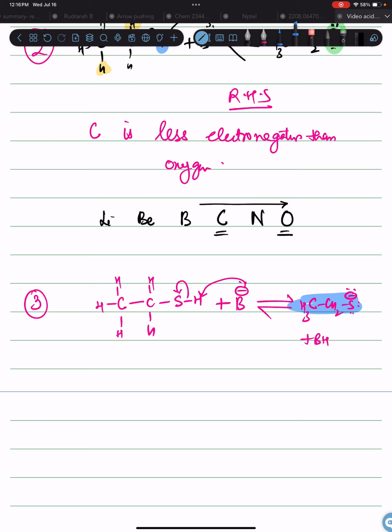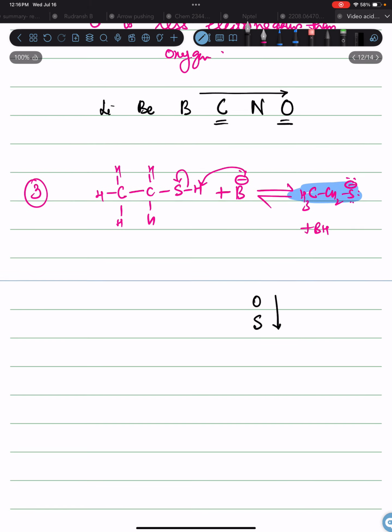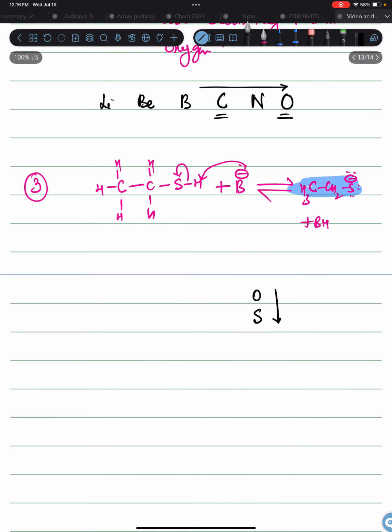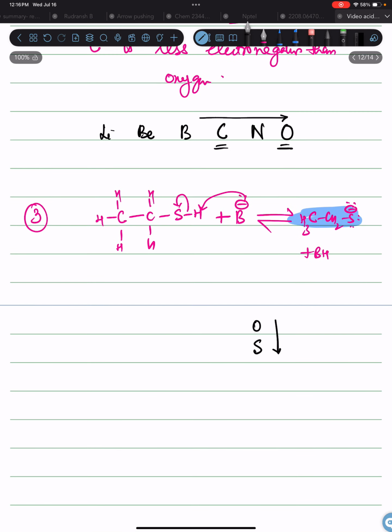So if you look into the periodic table, it is oxygen, sulfur. So we are moving down the column. As we move down the column, the electronegativity decreases, which means sulfur's electronegativity is less as compared to oxygen. So electronegativity decreases down the group.